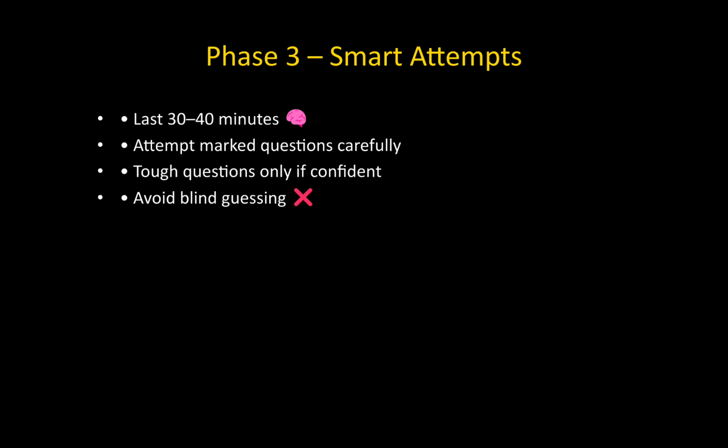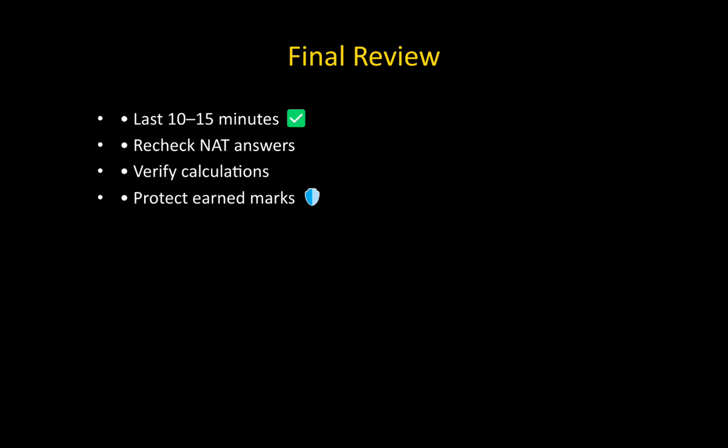Also, in this phase, one of the major challenges I used to face was to control my emotions. Since it is the last phase, I know time is ticking, anxiety would rush up, and then we tend to do some blind guessing. So, in this phase, please do avoid blind guessing.